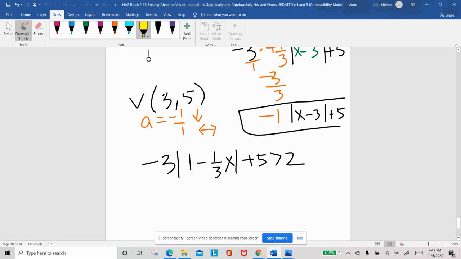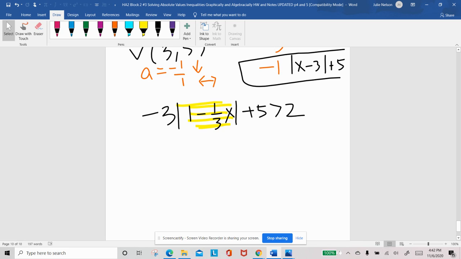So we always want to get the absolute value by itself. So whatever is adding or subtracting, I need to get rid of first. So I want to subtract 5.